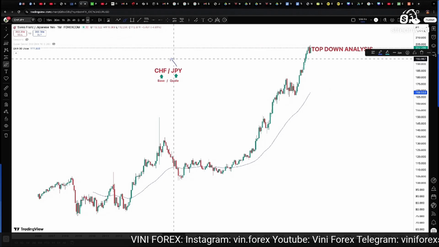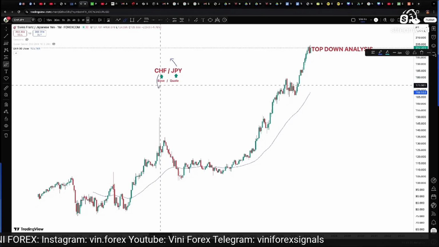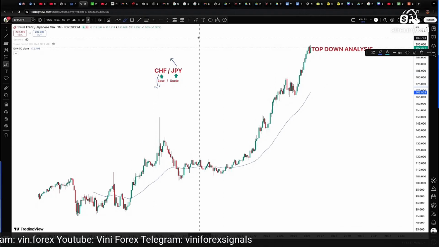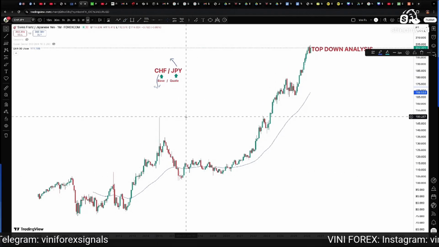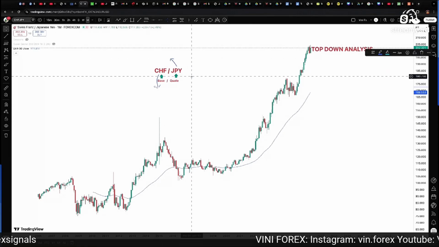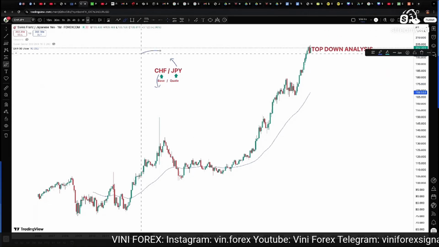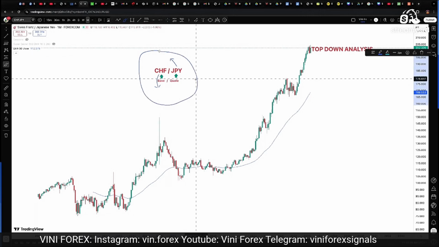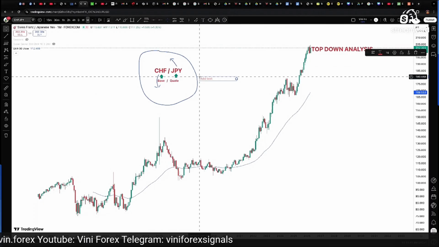The quote currency is strong and the base currency is weak. Please, do you understand this? Yes, sir. Okay, so this is what you are doing when you say sell, that you are selling.